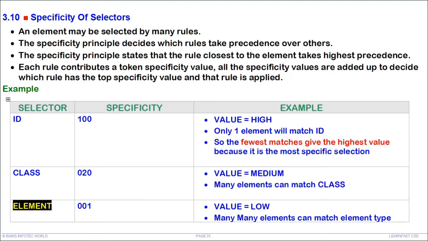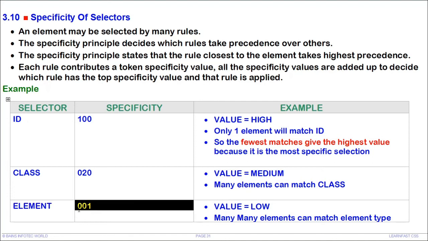The element selector again is very general. You can have lots of elements, paragraph elements, anchor elements, and H1 elements within an HTML document, and you have lots of occurrences of them. So the lowest priority is 001, which is applied at the element level.